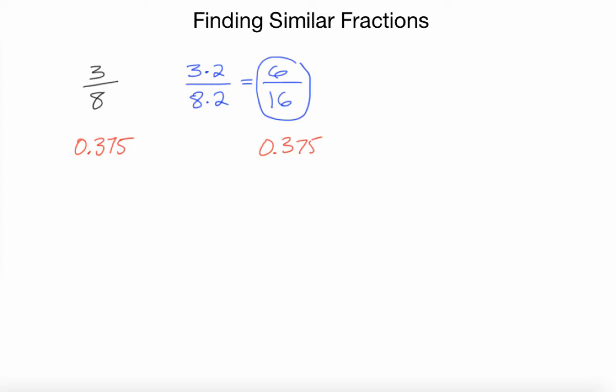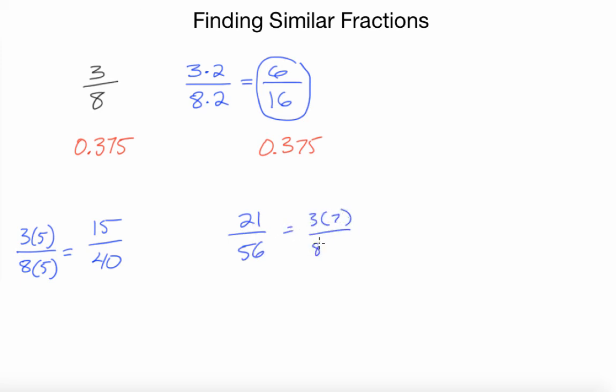So let's do some other similar fractions to 3/8. 15/40 is a similar fraction because we took 3 times 5 and 8 times 5, multiplying the top and bottom by 5. 21/56 would be the same fraction because again we did 3 times 7 over 8 times 7.